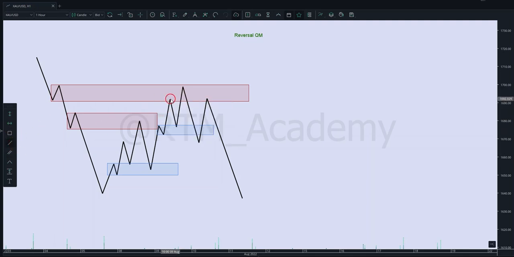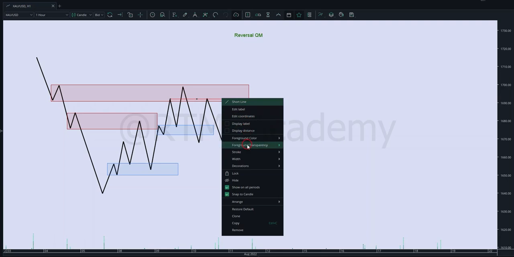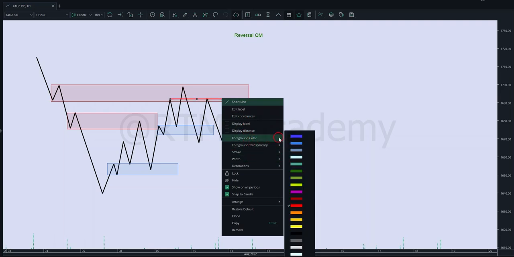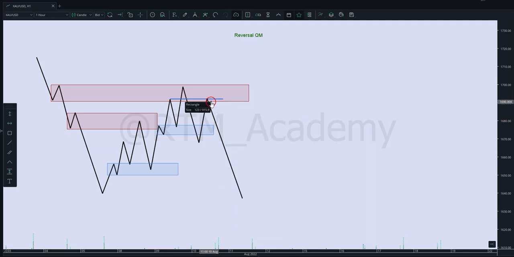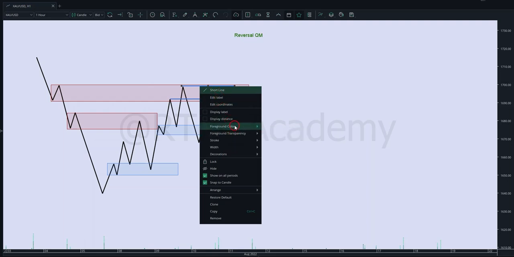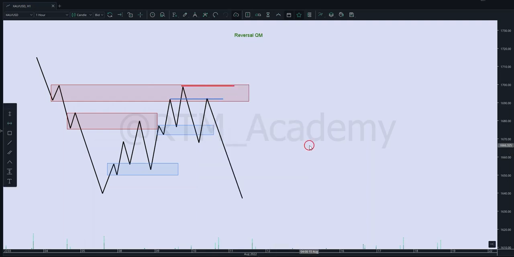Let me draw it with this. It is our entry. This is our entry for QM, and above the higher high is the place where we put our stop loss. Let me draw it with a red color, and the lower low is our first take profit.